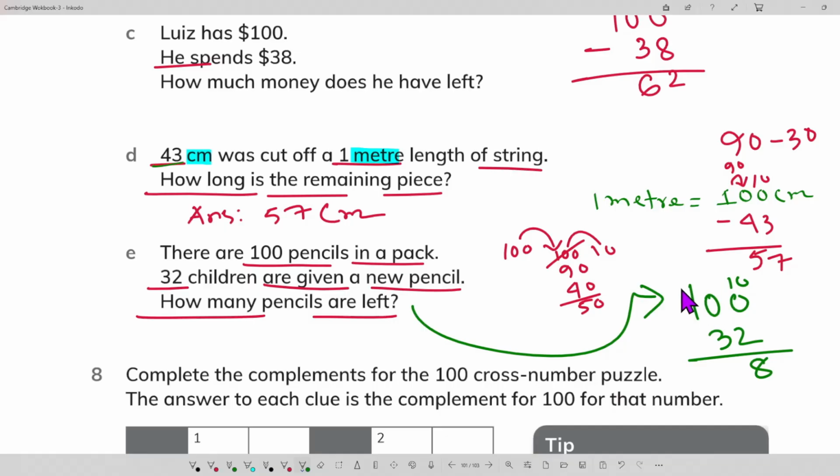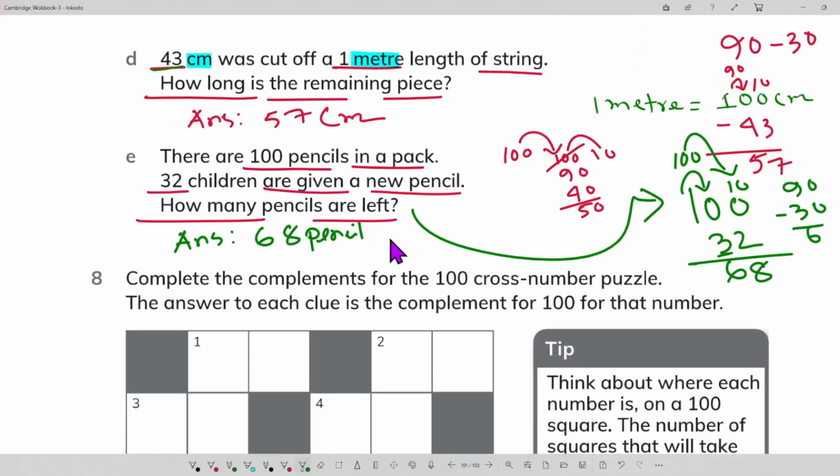And from here we give 100, and 100 to give here 10, so here is 90, and this 3 means 30. 90 minus 30, it's a 60, so here is 6. Answer 68 pencil.